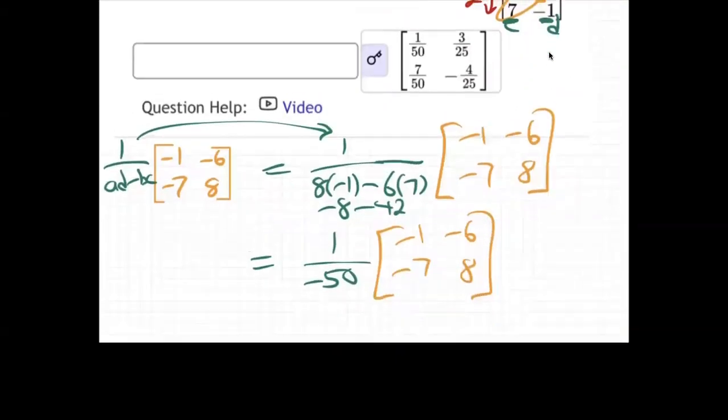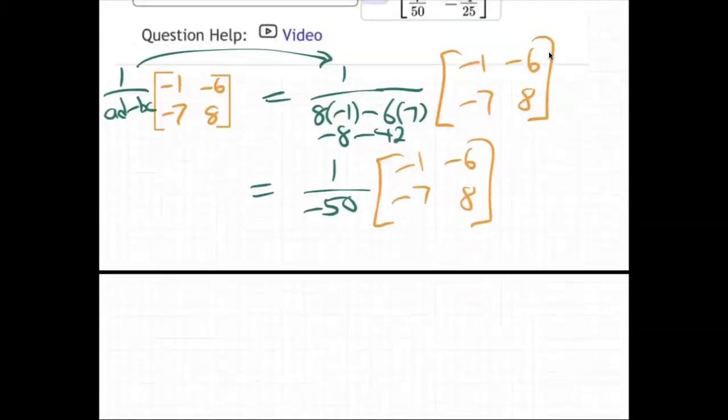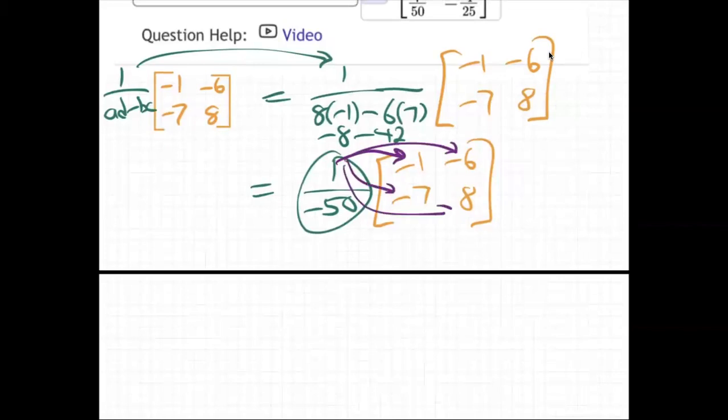And so then you just take that fraction and you multiply everything. That fraction is going to go there. We got to change the color for clarity. Take that fraction and you go boom, boom, boom, boom.